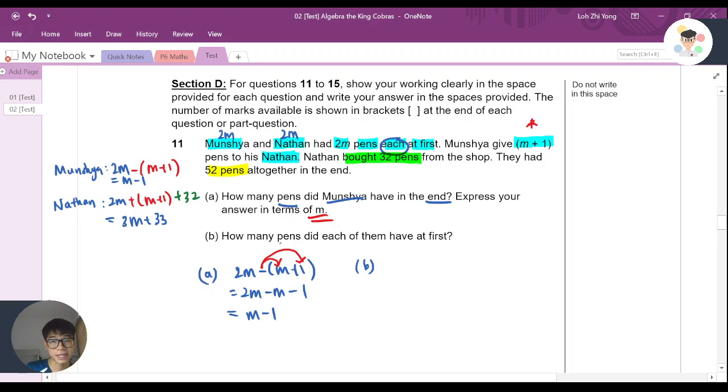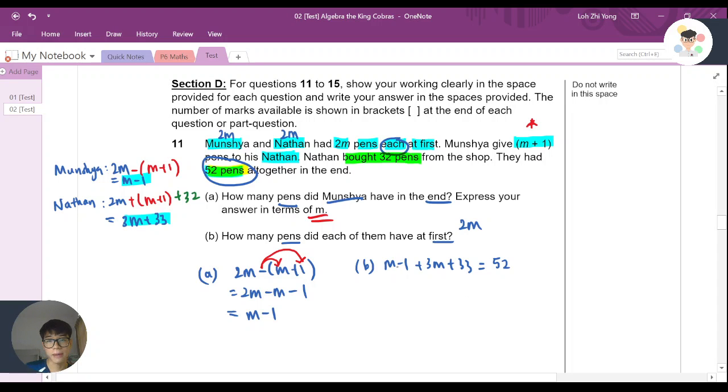And now they're asking how many pens did each of them have, which is 2m. And now we are given that what they have in the end added up together is 52. Which means that this plus this gives you 52. So let me just quickly write here. m minus 1 plus 3m plus 33 gives us 52.